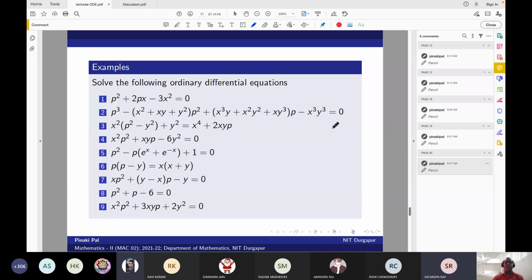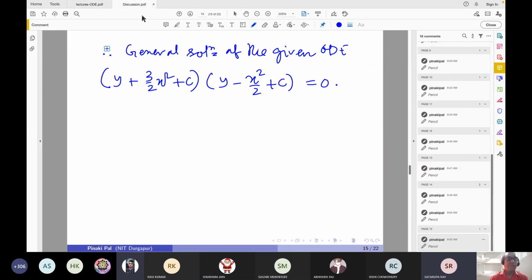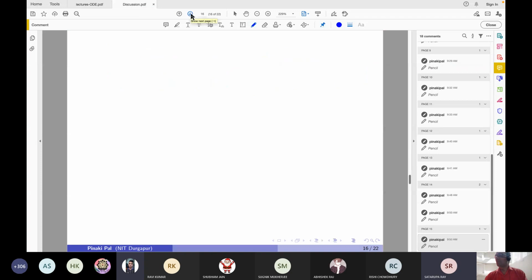You first check whether this differential equation can be factored in terms of p or not. Yes, sir, it can be factorized. Okay, so what are the factors?